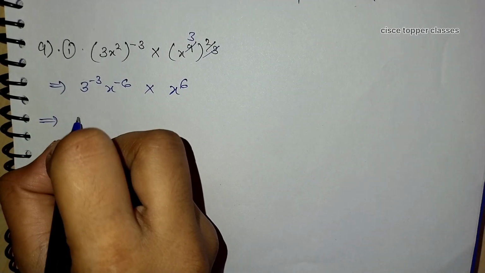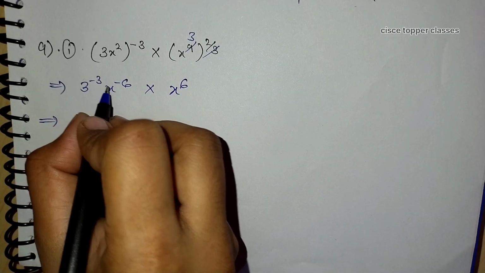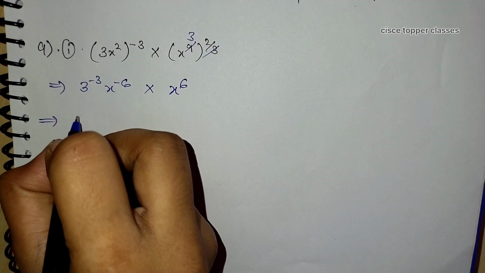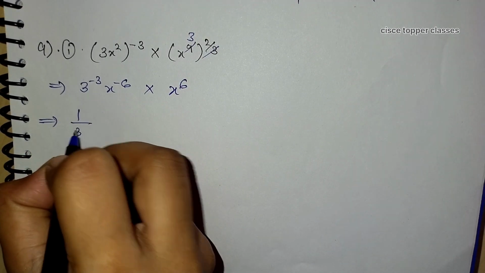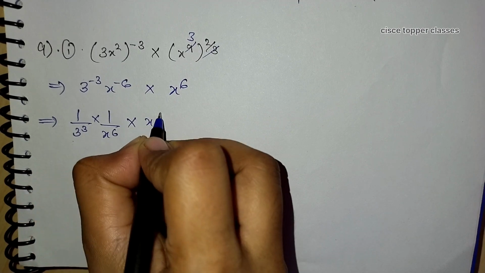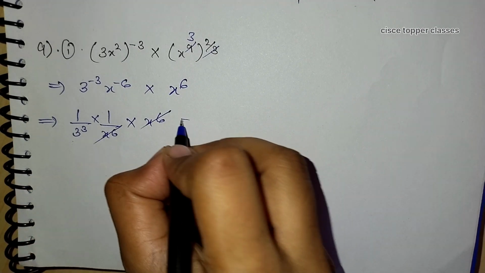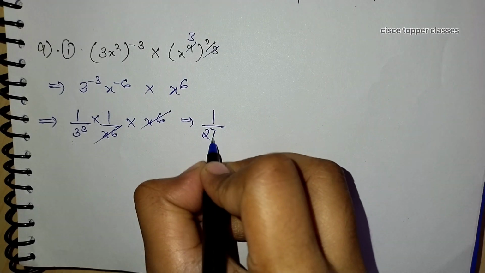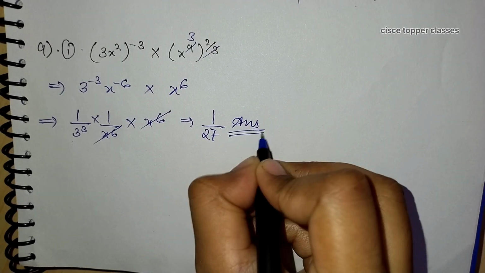Now we can write it as 3 to the power minus 3 and x to the power minus 6, so it will be 1 by 3 to the power 3 into 1 by x to the power 6 into x to the power 6. This will be cancelled out, and here we will get 1 by 27 as the final answer in the ninth first part.